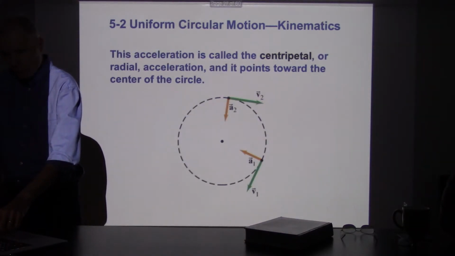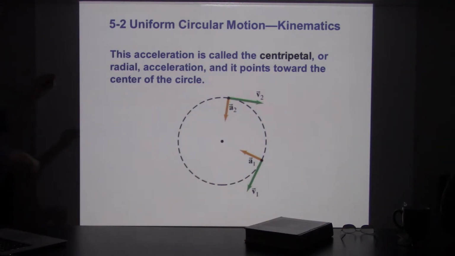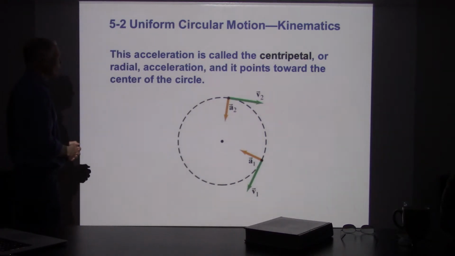So let's try this. I guess here's our diagram then. We've gone in and said, here's the kinematics. The acceleration that we have now is called radial, or it's referred to as centripetal, and it points towards the center of the circular motion.